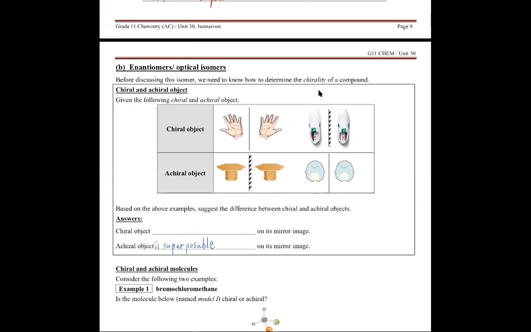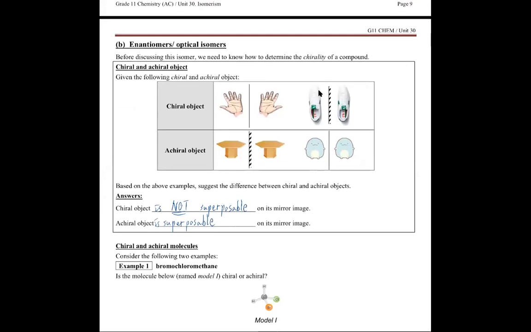If it's not superposable on its mirror image, then we call it chiral. So you need to be able to distinguish between chiral molecules and achiral molecules, or objects in general.